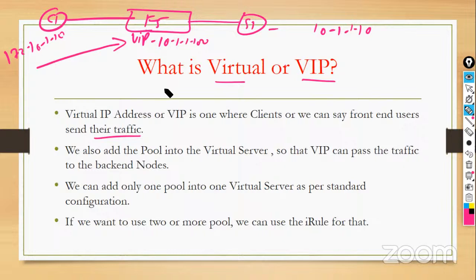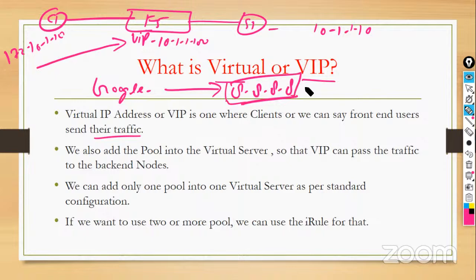For example, we have the Google website. You always go to 8.8.8.8. This is the virtual IP they have configured for the front end users. You don't know how many servers are behind this virtual IP.